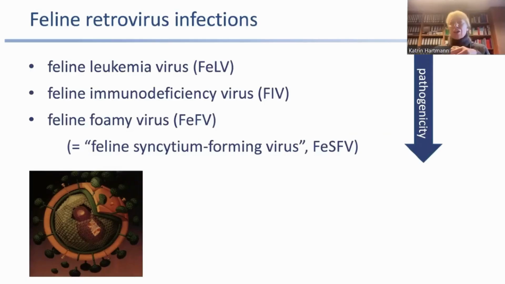Not because it is so rare. No, it's very, very common in the feline population, but it does not cause any disease. So that's a very successful virus. It's just there. Almost every cat is infected. Virus is happy, cat is happy, everybody's happy. But it's not important for us because it's not causing disease.